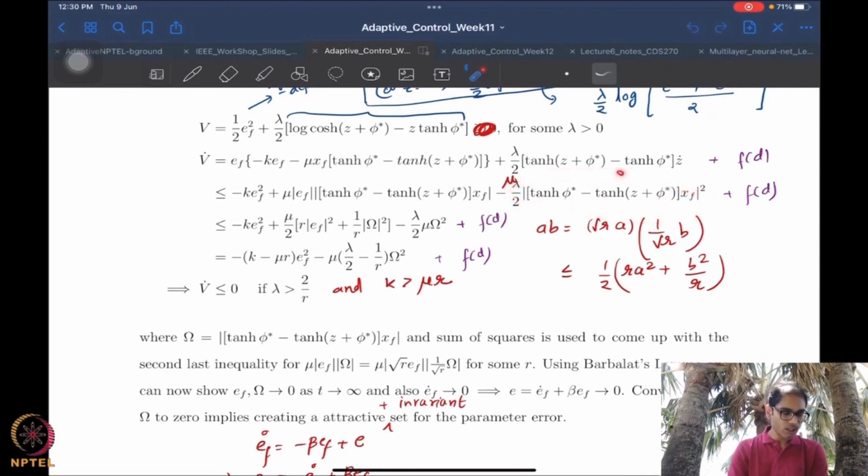So this quantity going to 0 does not necessarily mean the parameters have converged. You need some kind of persistence condition on probably xf or something to get parameter convergence. So the important thing to remember is that the persistence condition cannot be done away with just because you filtered it.